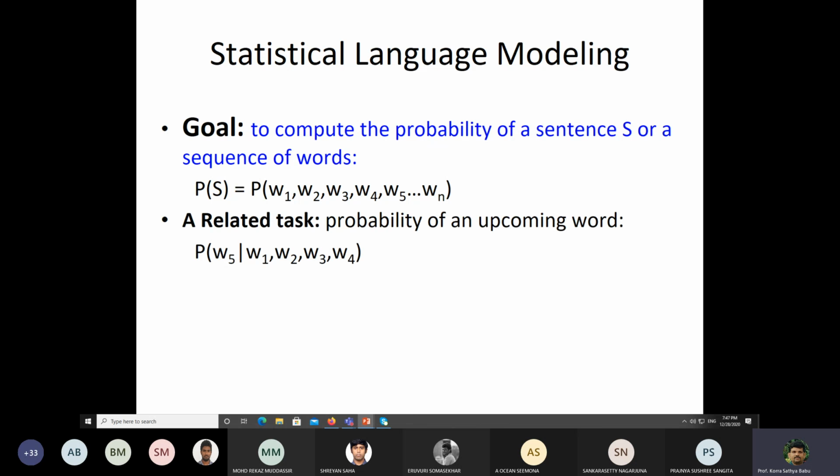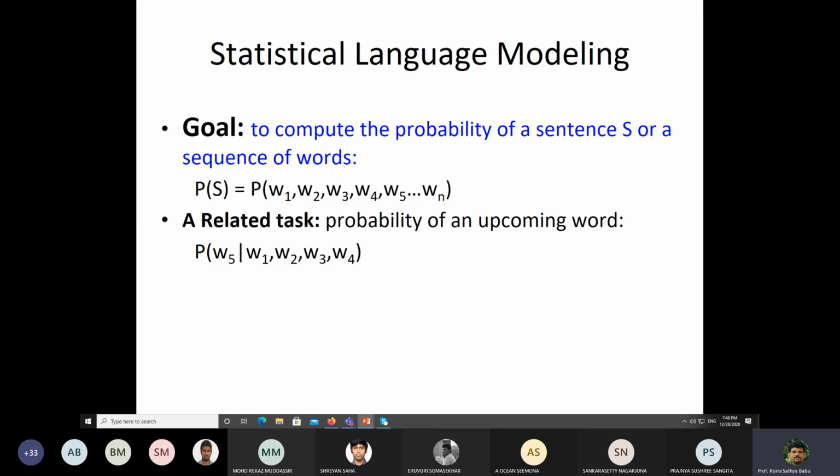Somewhat related task is the probability of an upcoming word. Earlier we have seen an example of generating a new word, or the next word. So it can be written: probability of S equal to probability of W1, W2, W3, W4, W5, up to Wn, can be written, for W5, as probability of W5 given W1 followed by W2 followed by W3 followed by W4.